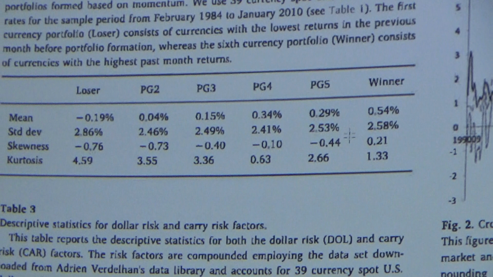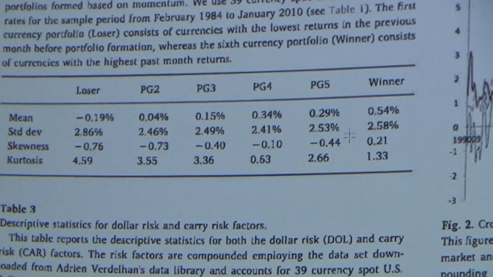Loser currencies have a monthly average payoff of minus 0.19%, whereas winner currencies have a positive monthly payoff of 0.54%. Our zero-cost strategy is then 0.54 plus 0.19, which is something like 0.73, or 73 basis points per month.